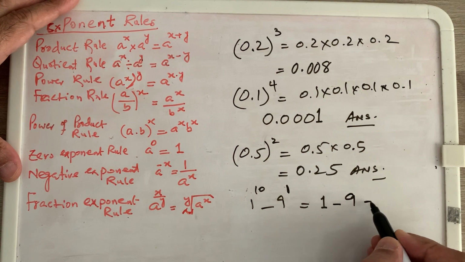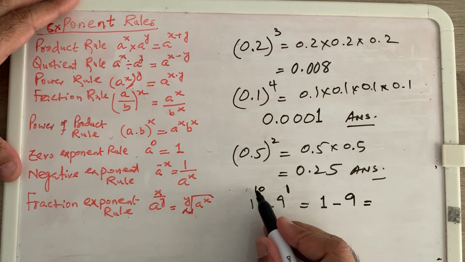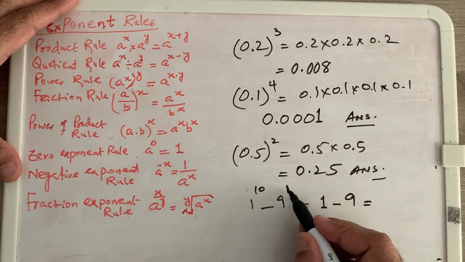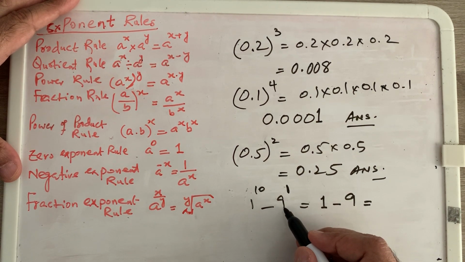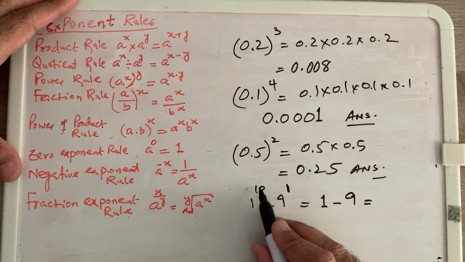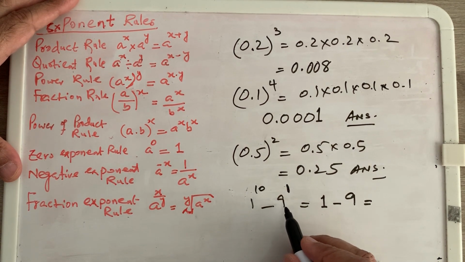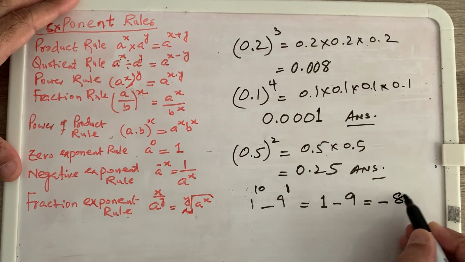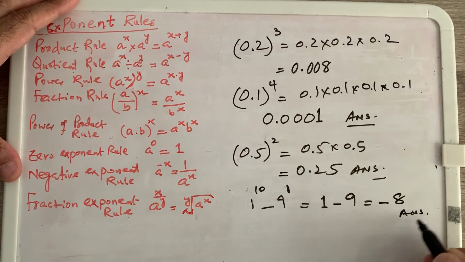Please remember this: if 1 is raised to any power, it does not change the value of 1. And if 1 is the power, it does not change the value of the base. So 1 to the power 10 is 1, minus 9 to the power 1 is 9. So 1 minus 9 is minus 8. This is your answer.